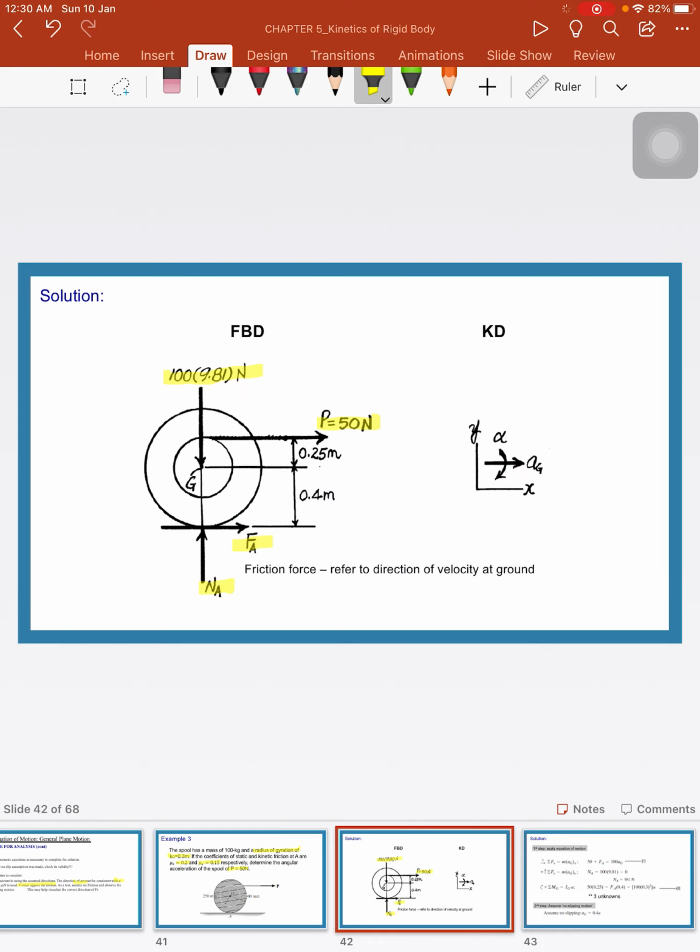Next, kinetic diagram. As you can see, P is a pull, so alpha will rotate clockwise. And the spool also will move in translation motion to the left.